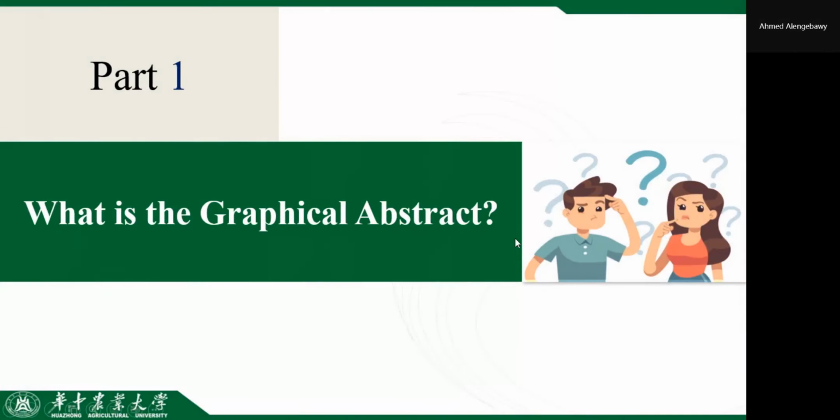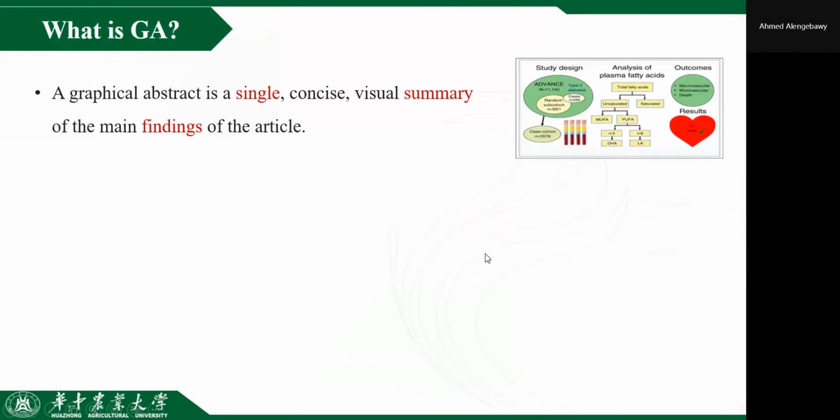The first part, we have to know what a graphical abstract is. So, a graphical abstract, as you see in this image, is a single picture comprising some elements like a summary of your abstract, and it focuses on the main findings of your article.